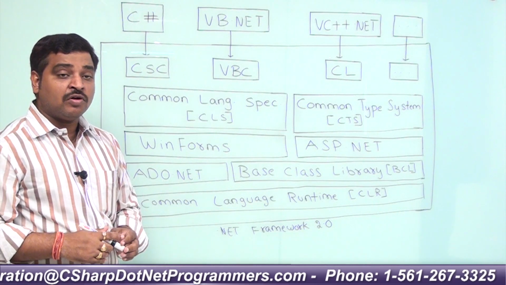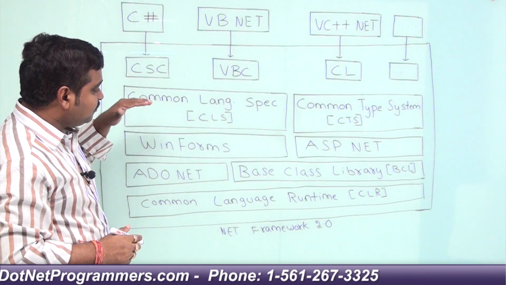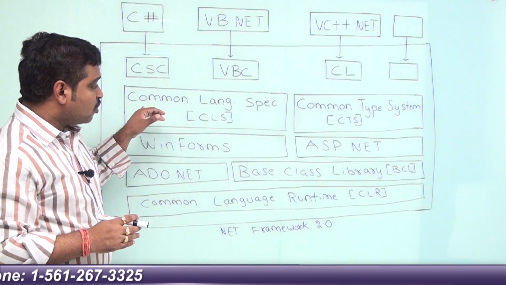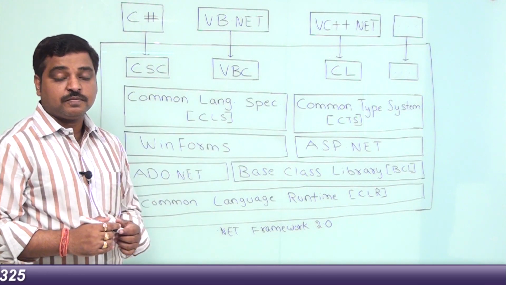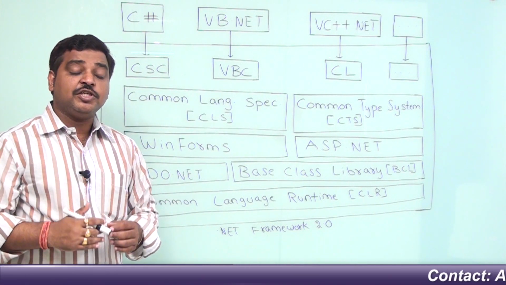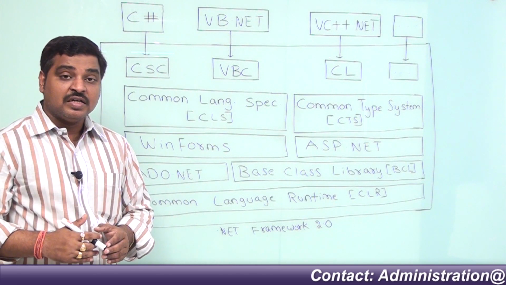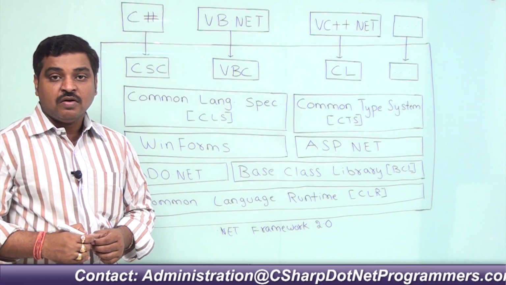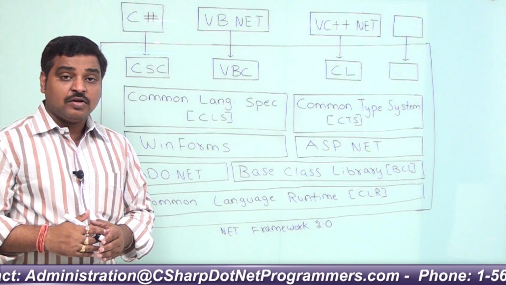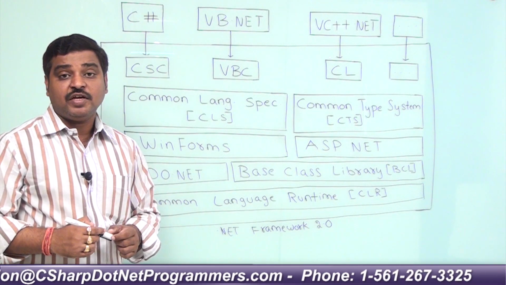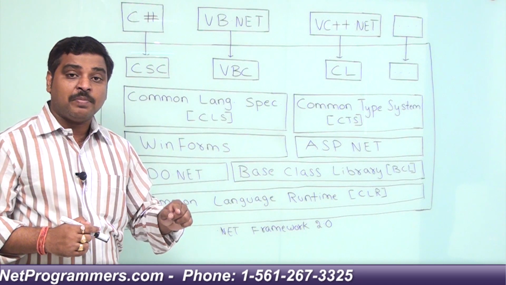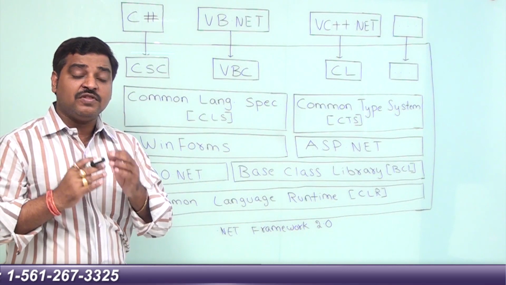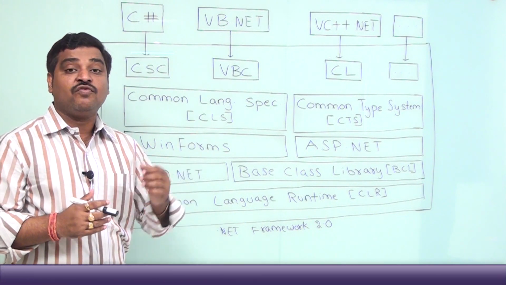So to concentrate on the framework, let's try to understand CLS. CLS stands for Common Language Specification. It is a common specification provided by the framework such that language interoperability can be achieved, which means that the code written in one language can be used from applications developed in another language. In order to achieve that, we need to handle a number of things.